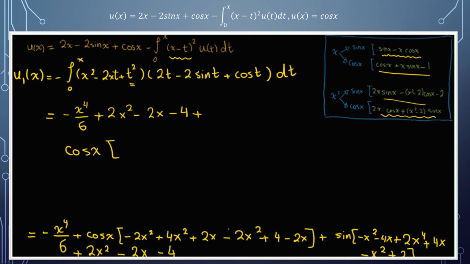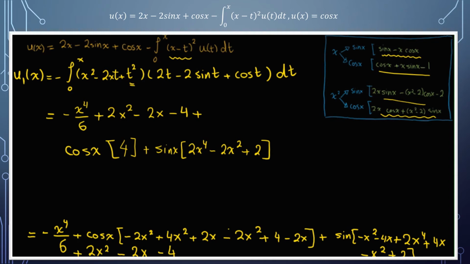All of these will vanish, and we just have 4, only, sorry, plus sine x, and in sine x we have only the two things that will go together, plus and minus 4x. Okay, what will remain? 2x raised to 4 minus 2x raised to 2 plus 2.